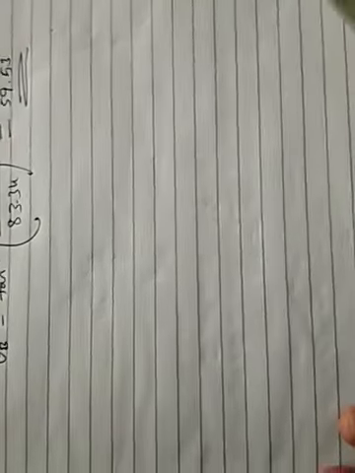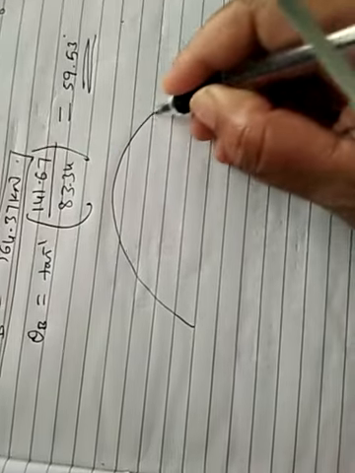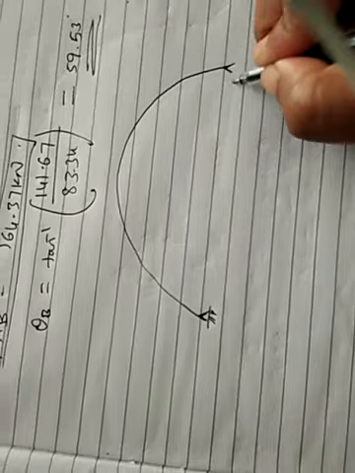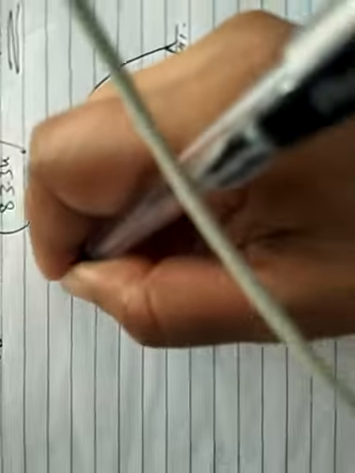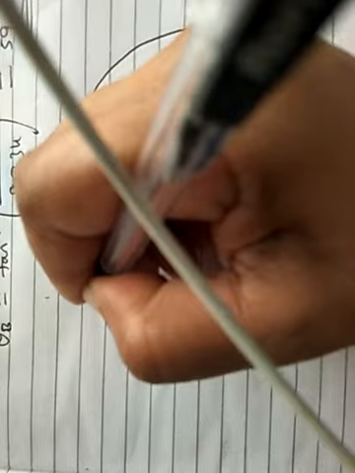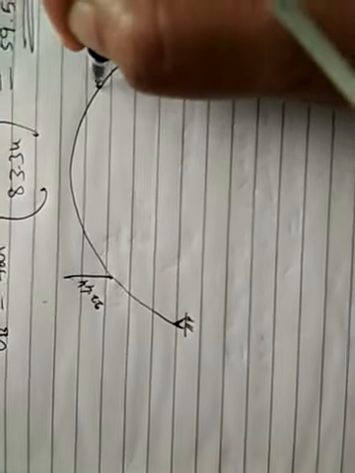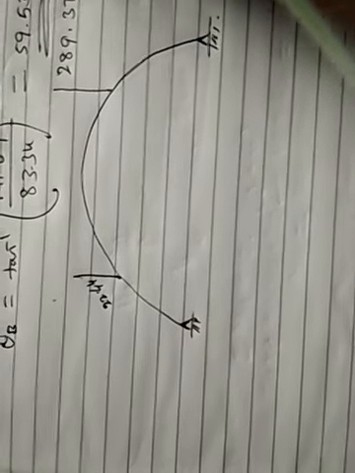From this, we get theta B is equal to 59.53 degree. After this, they are asked to draw the bending moment diagram. So let us draw the bending moment diagram. This is a 3-hinged parabolic arch. Here we have a support. At a distance of 4 meters, we have a bending moment of 22.44, and at a distance of 20 meters, we have a bending moment of 289.37 kilonewton meter.